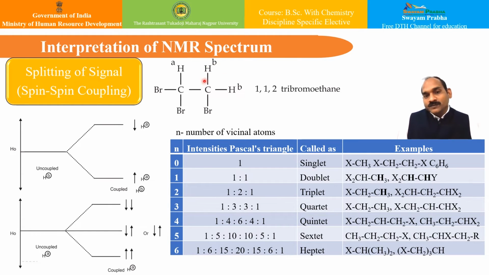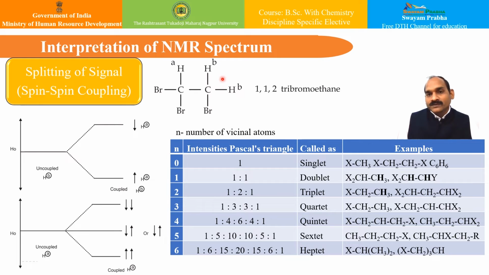This experience of the B kind of proton, the effect of the field generated by the A kind of proton on the B kind of proton, is called coupling. Both possibilities are equally probable.